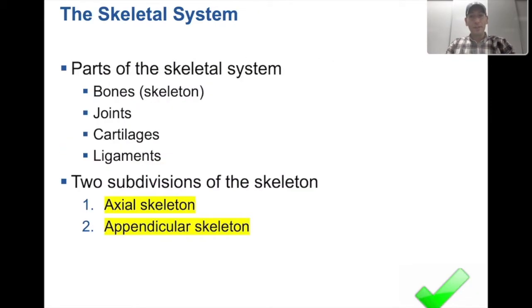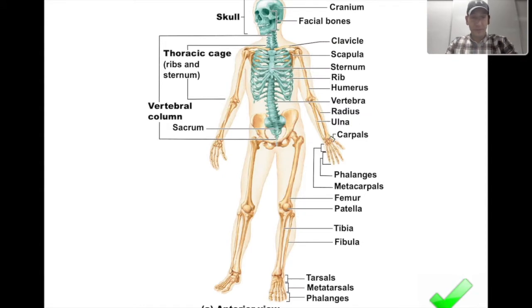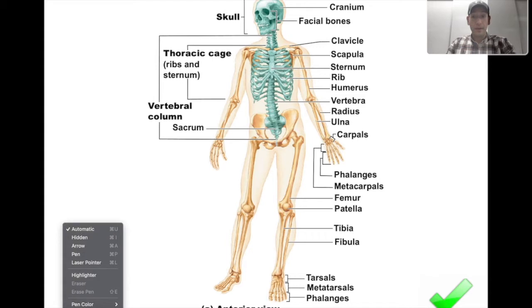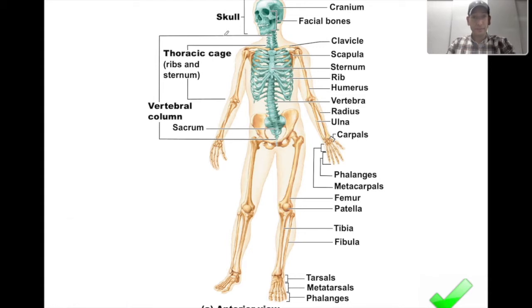So to get started, the skeletal system can be subdivided into two categories, the axial skeleton and the appendicular skeleton. And the name should sort of give them away. The axial referring to down the axis.